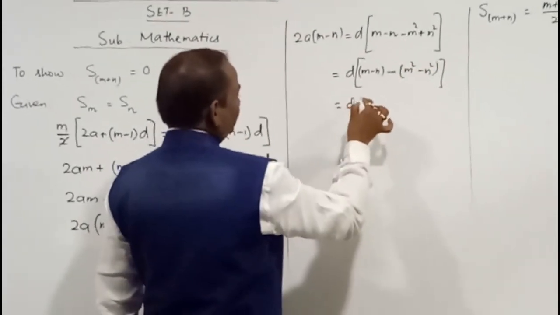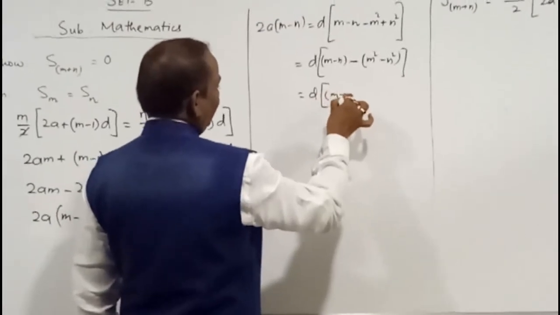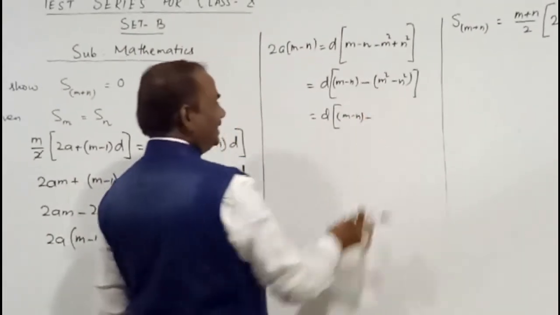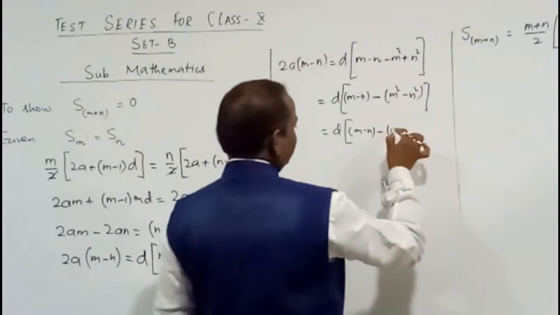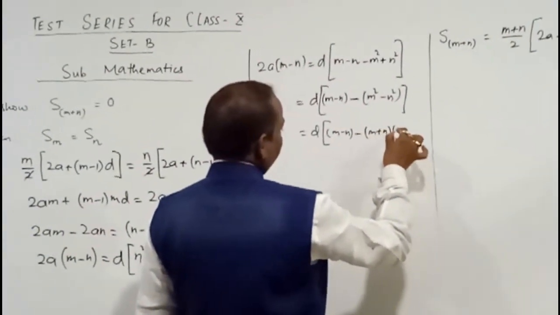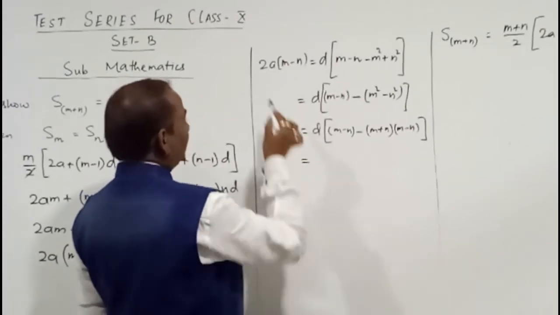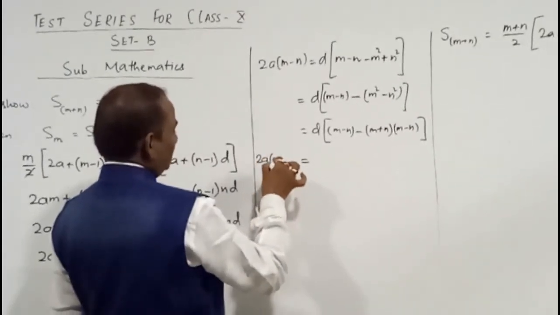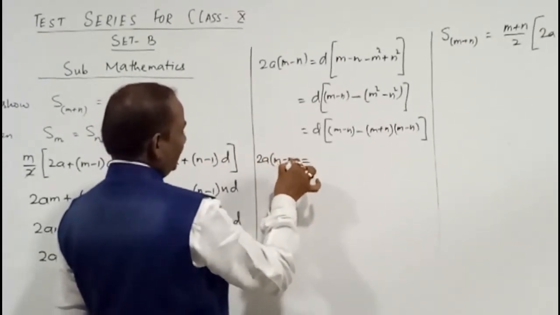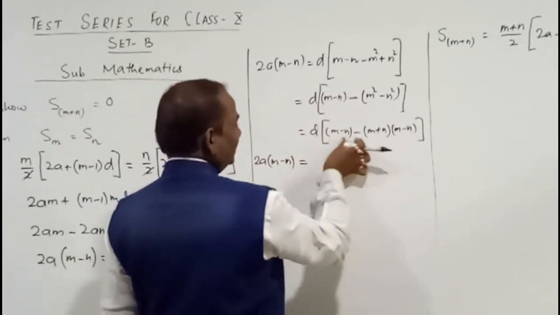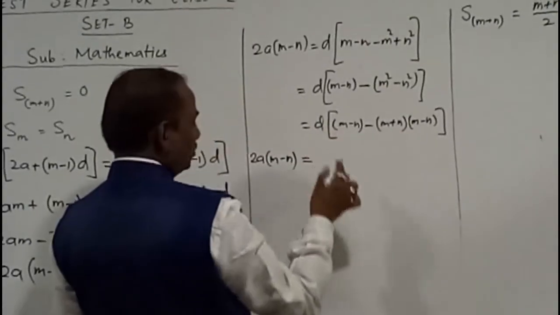Now you know that this is an identity which can be written as m plus n into m minus n. Now here I can write this as 2a into m minus n. Here m minus n and m minus n both are there, so I can take them common.